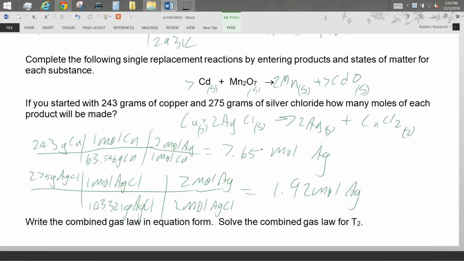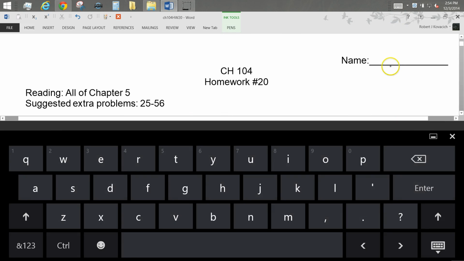So what I need to do is do another railroad track with the silver chloride going to my other product.